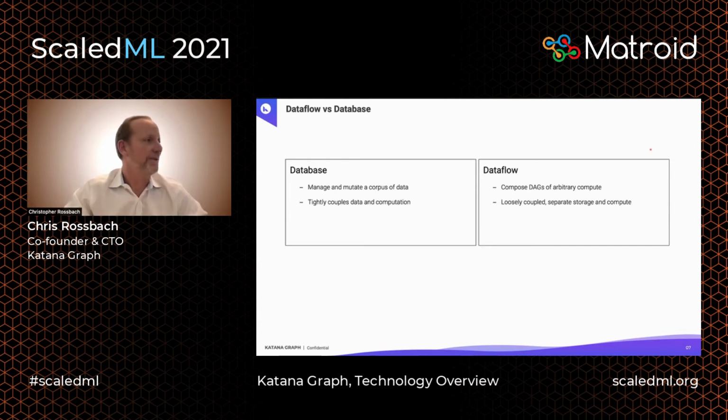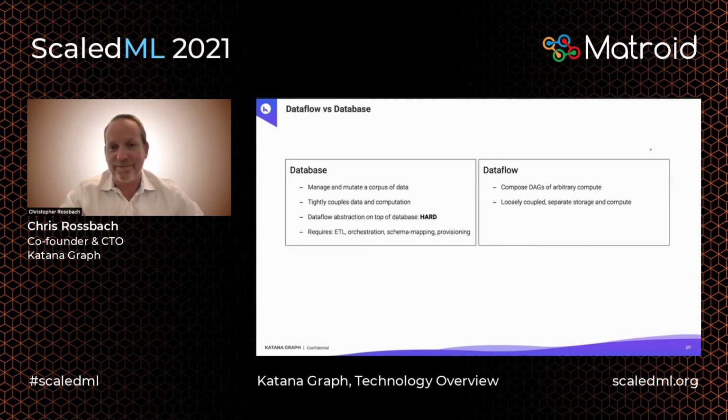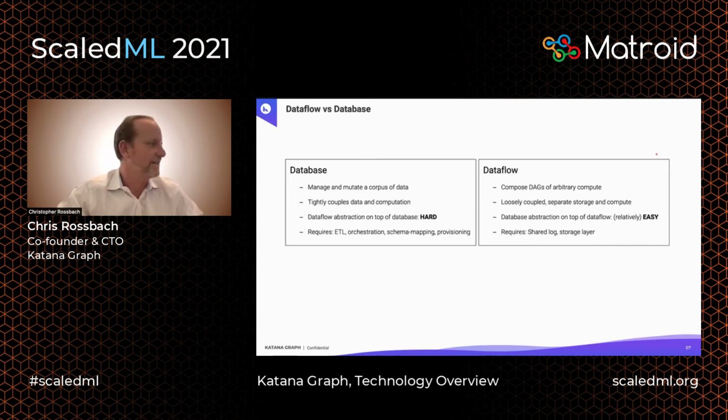Now, both of these idioms, as I've said, are Turing complete, which means that you can support either of them on top of the other. You could build a data flow abstraction on top of the database, or you could build a database abstraction on top of the data flow system. And it is our view at Katana that building a data flow abstraction on top of a database is hard because it requires expensive and painstaking ETL steps, the addition of an orchestration layer to manage a graph, schema mapping, and potentially even extra provisioning to deal with providing different frameworks to run each stage of a data flow graph.